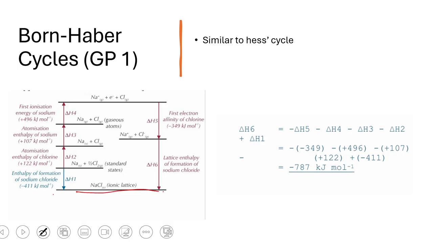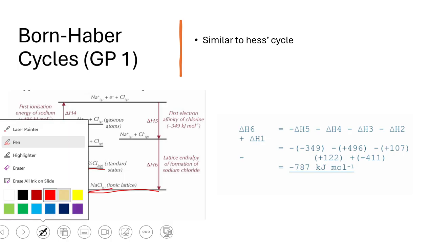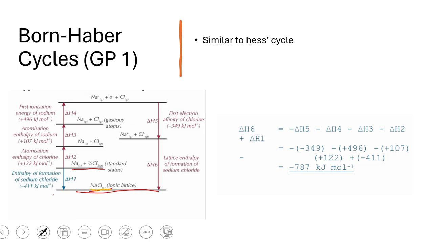This is the first line you draw. And you draw this second line with the ionic lattice compound. The ionic compound will be here.